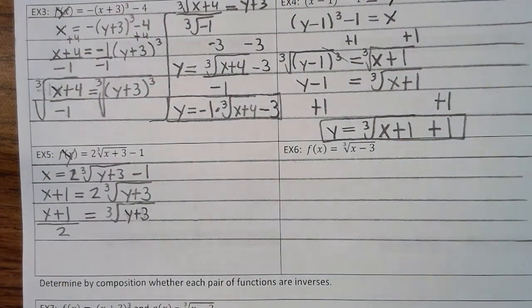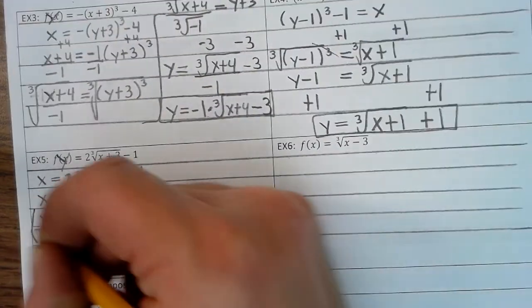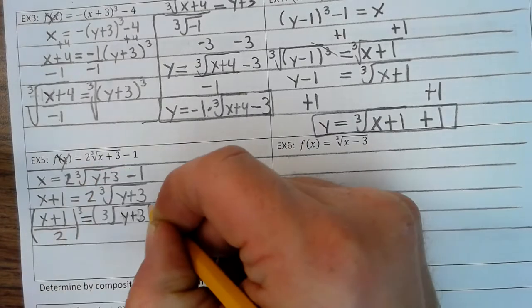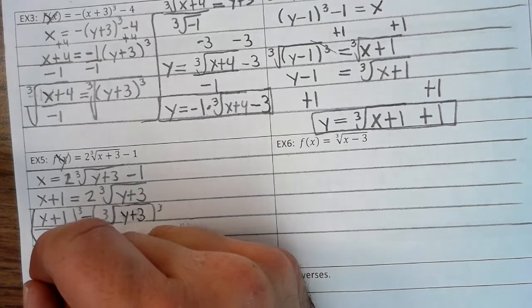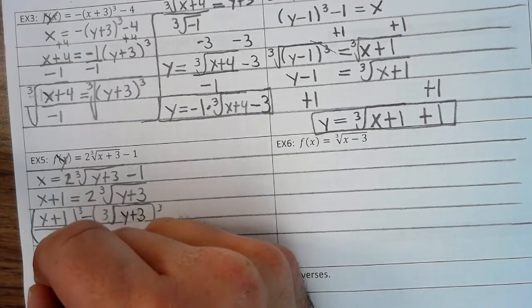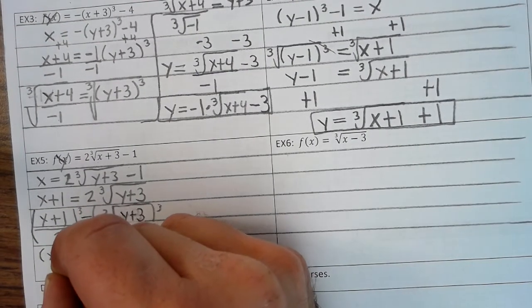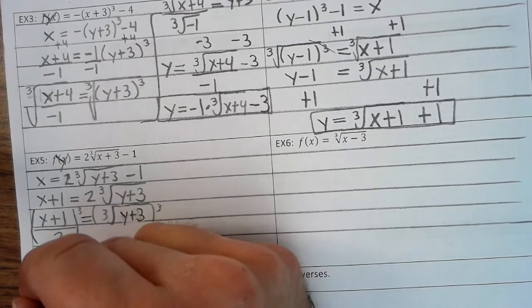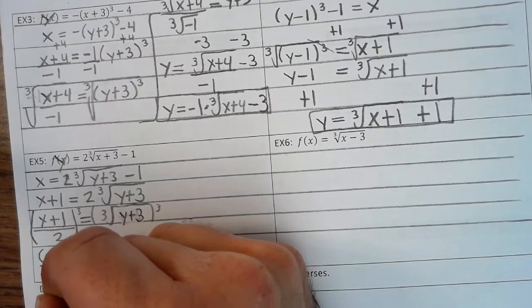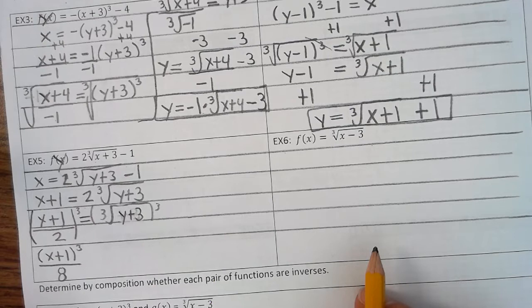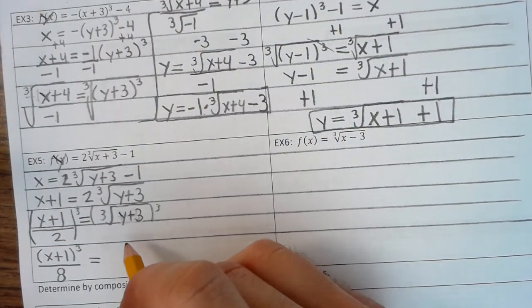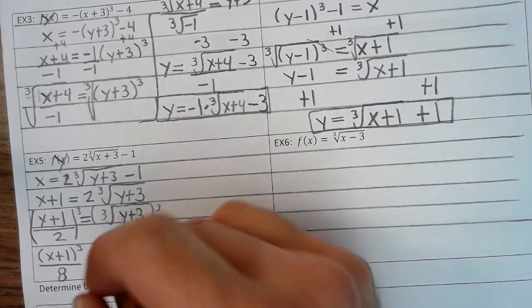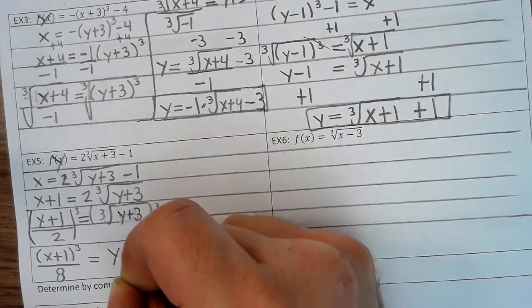Okay, and then our next step is we're going to cube both sides. And so then you get x plus 1 cubed, and 2 cubed is 8, equals, that becomes the power of 1, y plus 3.